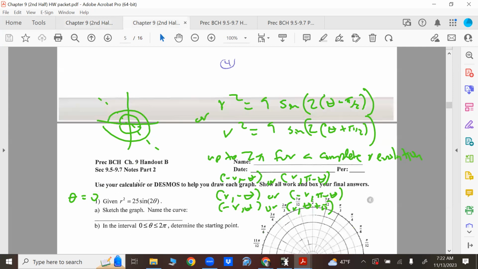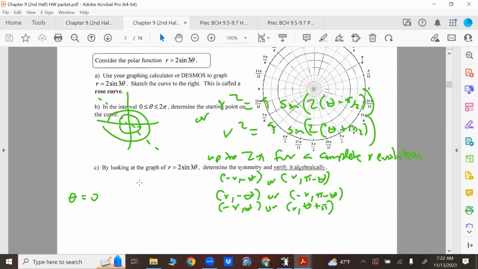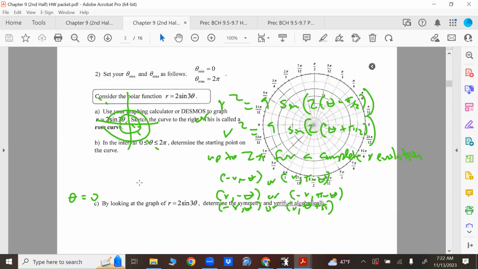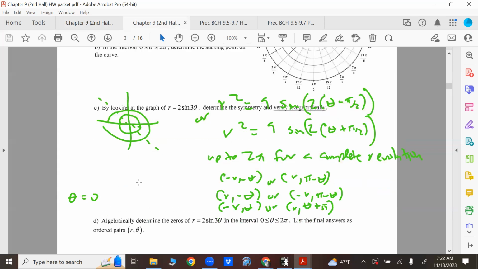Homework is going to be pages 3 and 4 of handout A, now that you can do these types of curves because we just talked about them.